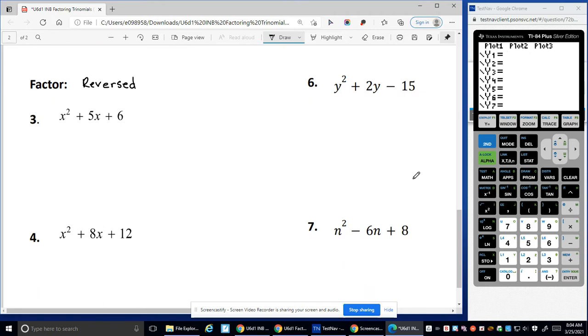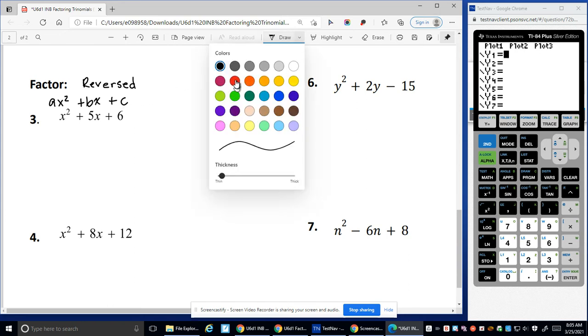I think the first thing we need to do is verify, is it in standard form? Are we going from the largest exponents to the smallest and finally ending with a constant? Yes. Okay. So now I'm going to identify, because remember, standard form looks like this, and we need to identify what each one of these variables is.